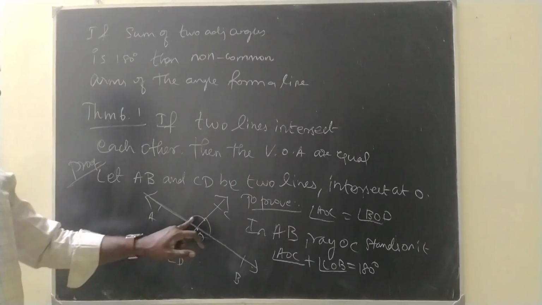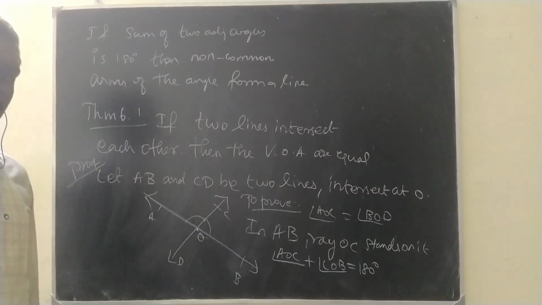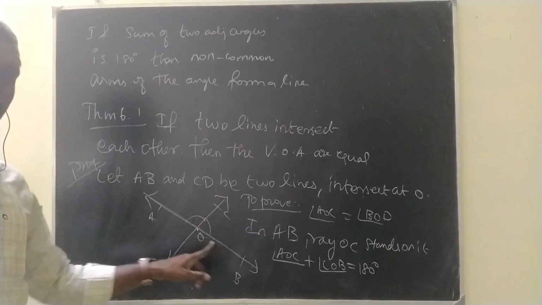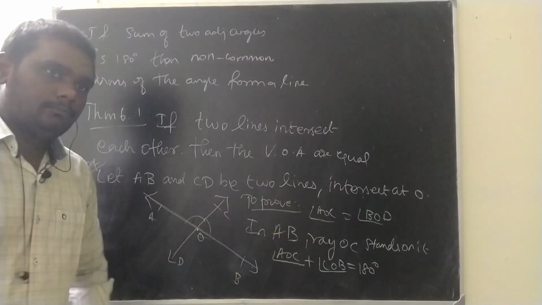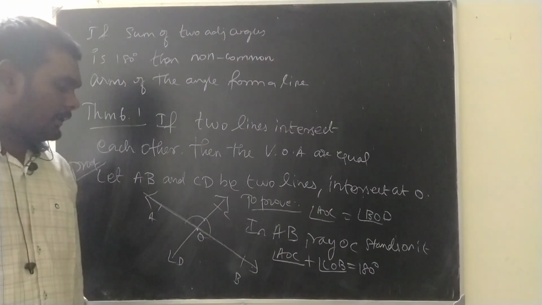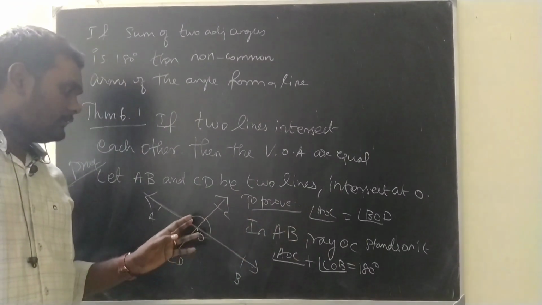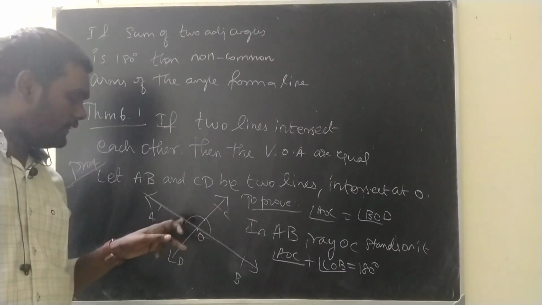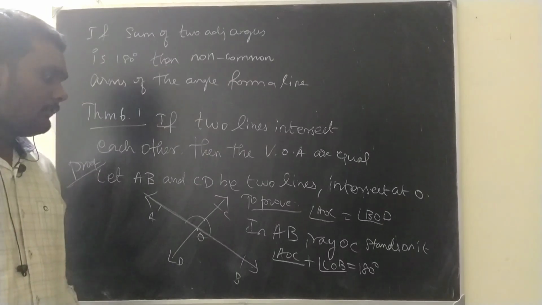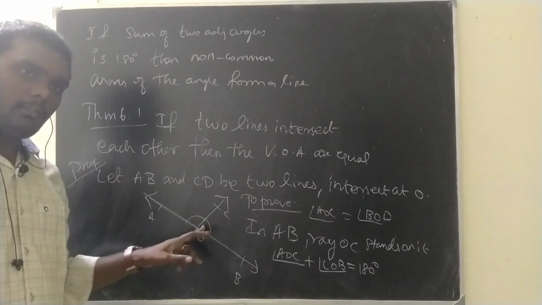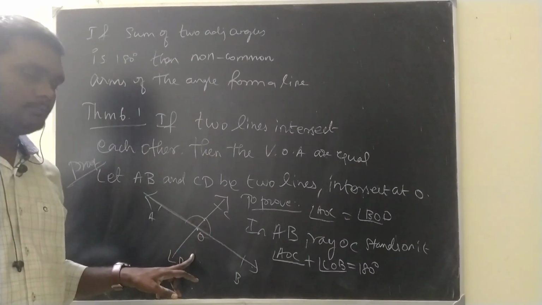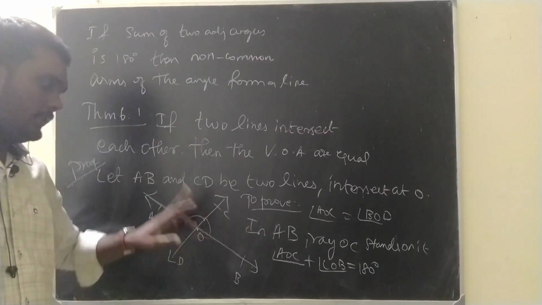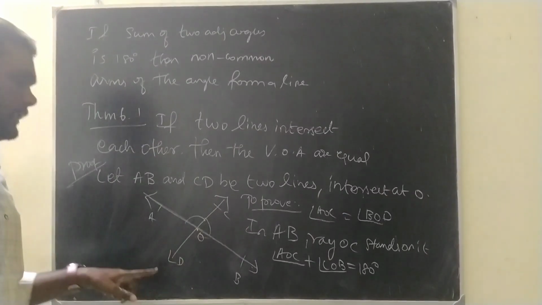In the same way, whichever we take should include BOD as well, because that is what we need to prove. Just like that, this is one linear pair. Another linear pair we can take is these two, or these two. Which one shall we go with? These two will go.